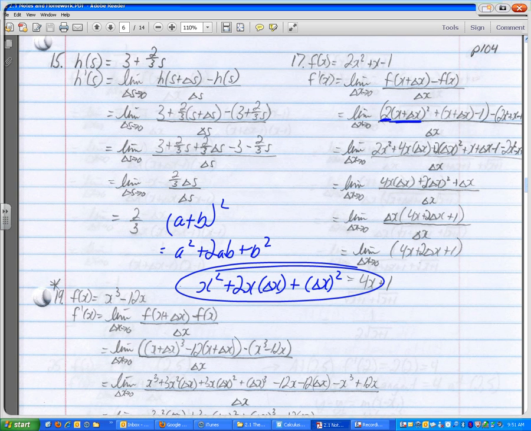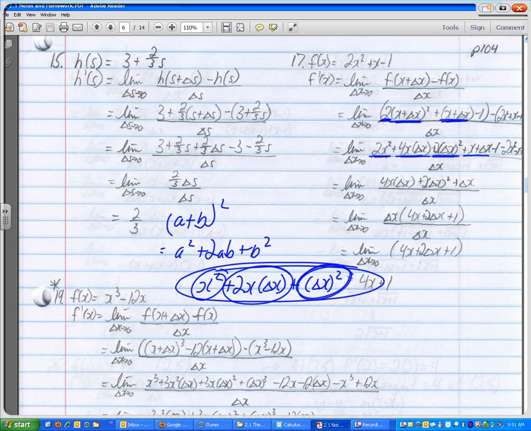Well, I also got to distribute the 2, don't I? So mentally, I've squared that binomial, and then I distribute the 2. So 2 times x squared, 2x squared. 2 times 2x delta x, 4x delta x. 2 times delta x squared, 2 delta x squared. All right? Then copy down the rest.